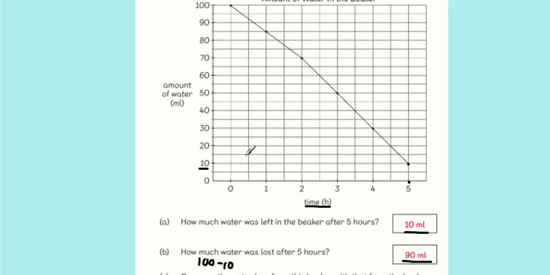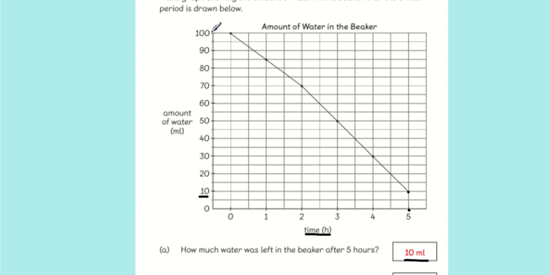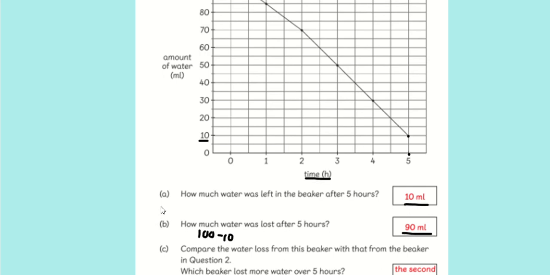Again, we could also have done that by counting down from this period of time here. So from the starting to where we get to after 5 hours. So 10, 20, 30, 40, 50, 60, 70, 80, 90. So we're down to 10 millilitres after 5 hours.